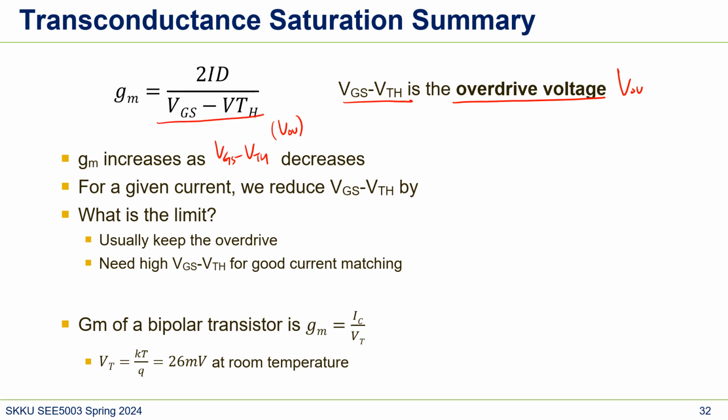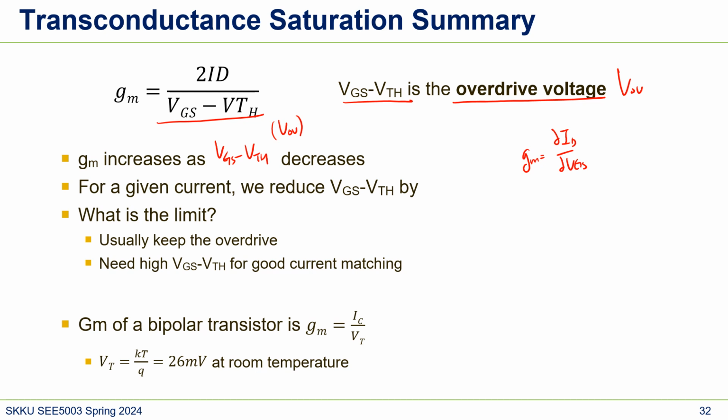Let's assume that we want to increase GM. If GM is large, what's good? GM is how the current changes over VGS. So it usually gives us better, larger gain, because we control the NMOS with GM. So having a large GM is good.